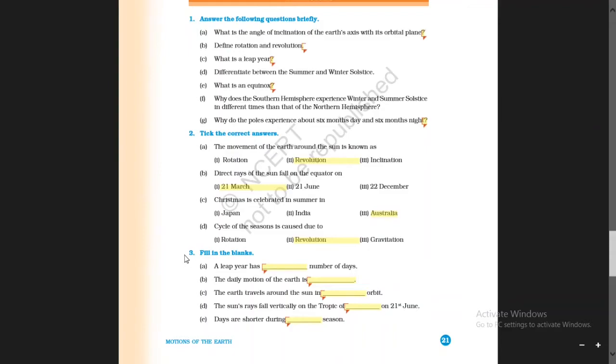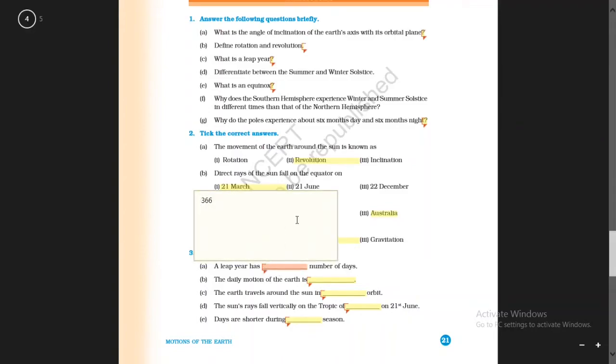Now let us see third one, fill in the blanks. You have to fill up the blanks. A leap year has dash number of days. So we have learned, boys, the number of days in a leap year is 366.